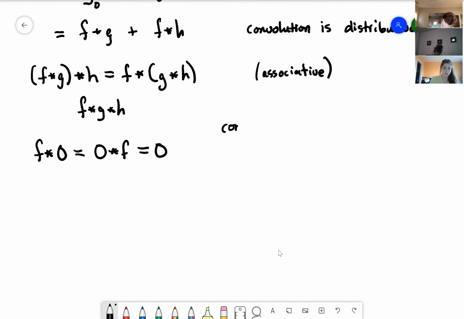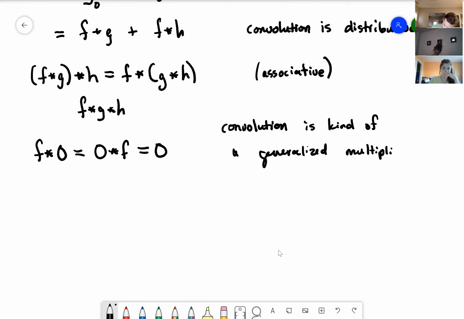So convolution is kind of a generalized multiplication. It's not the actual multiplication, but it has a lot of properties of multiplication.